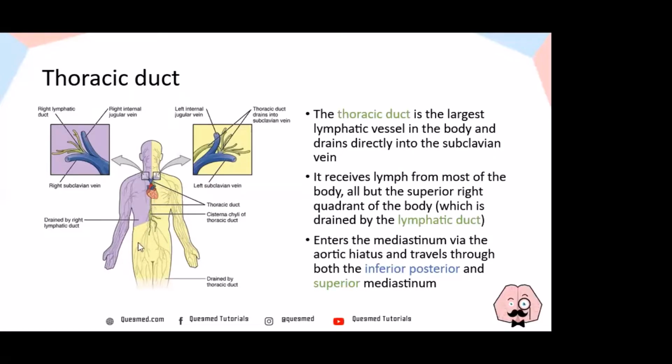So it covers almost the entirety of your body, with the exception of the right side of your head, neck, and arm and upper thorax, which is all supplied by a smaller vessel, which is your right lymphatic duct, which goes into your right subclavian vein.